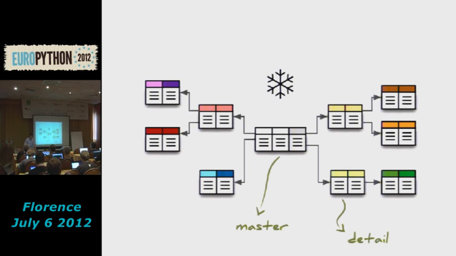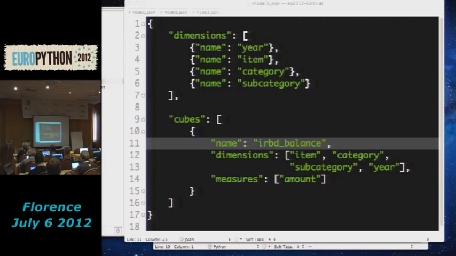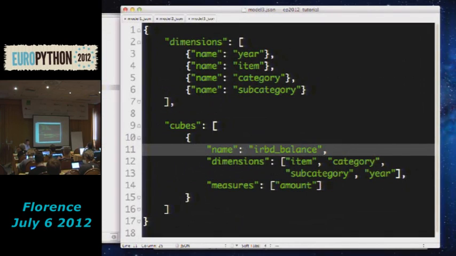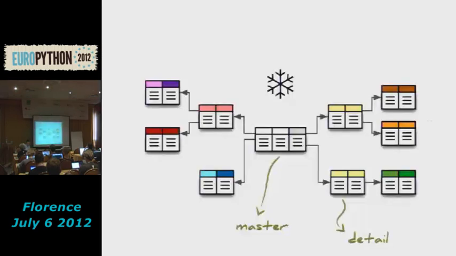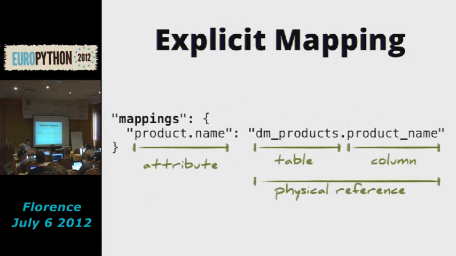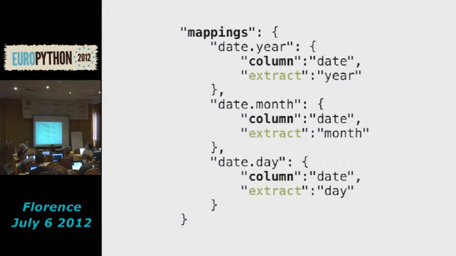Okay, so now we know how to do mapping, and we can go back to our model. For the extraction of data, I have an example where I can show you how it works.